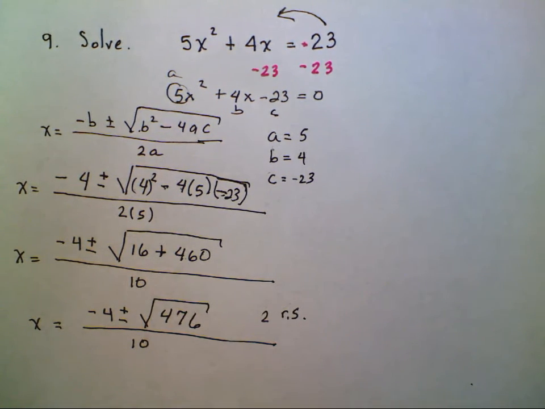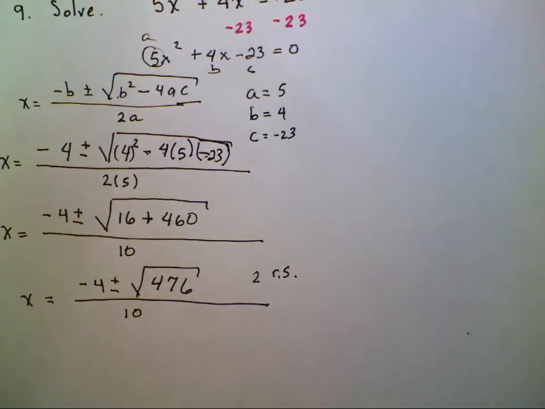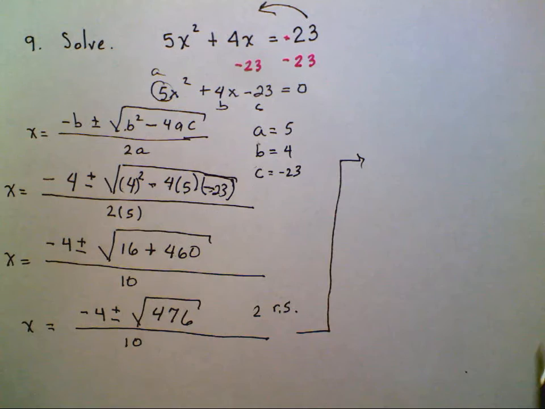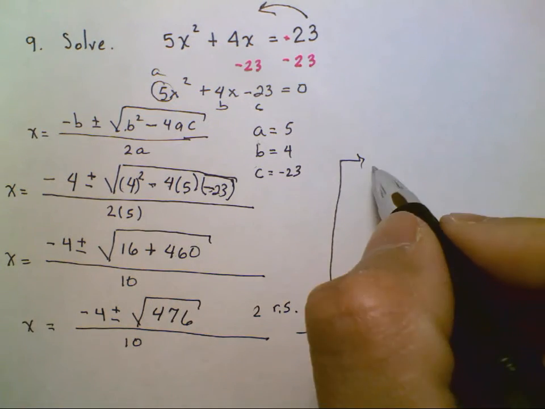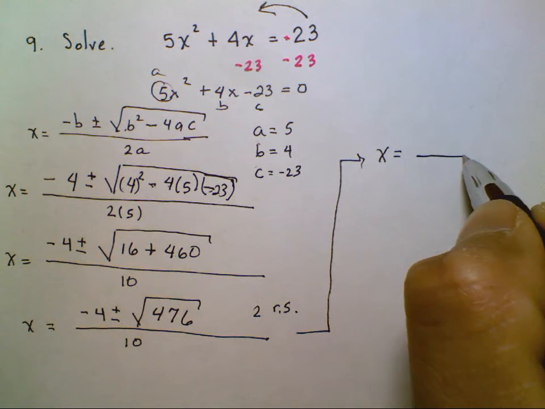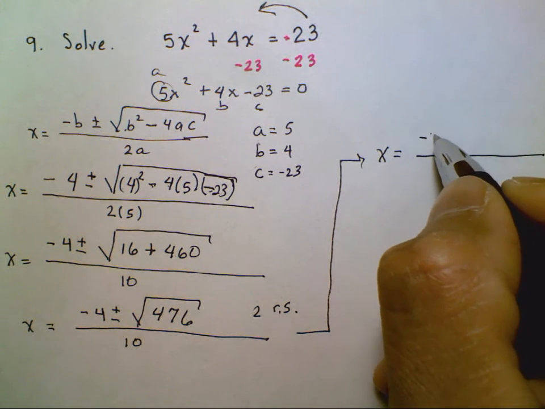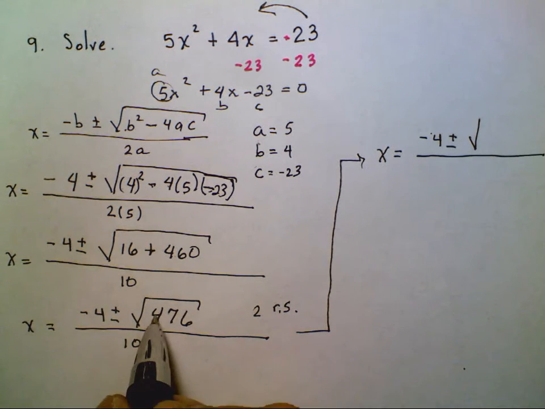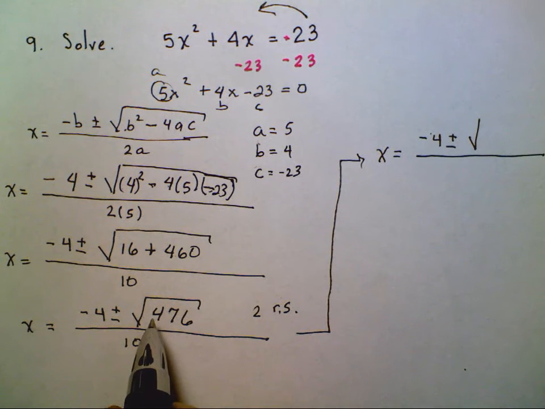So I'm going to continue here on this side. So x is equal to negative 4 plus minus the square root of 476. Find a perfect square. Remember to use your tables. You have your formulas with you.